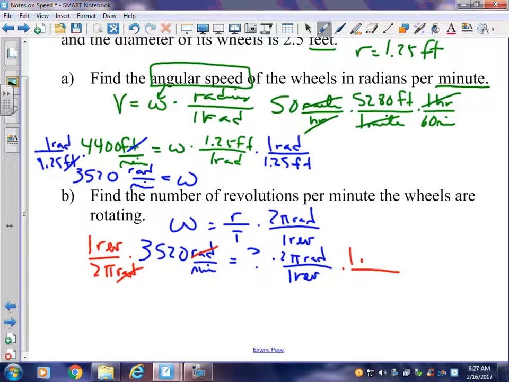Over here, everything cancels out but the question mark. That's why you want things on diagonals. And so now we take the 3,520 and divide it by 2 pi. Now you can do that divided by 2 pi in parentheses, like this, or you can say divided by 2 divided by pi. 560.23 revolutions every minute.